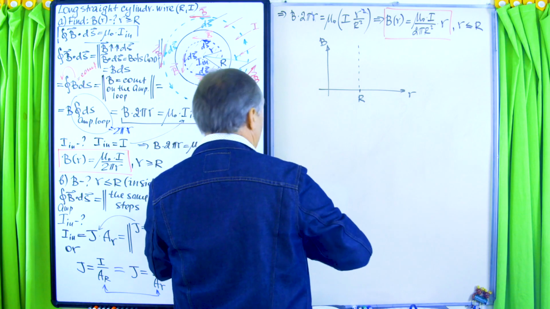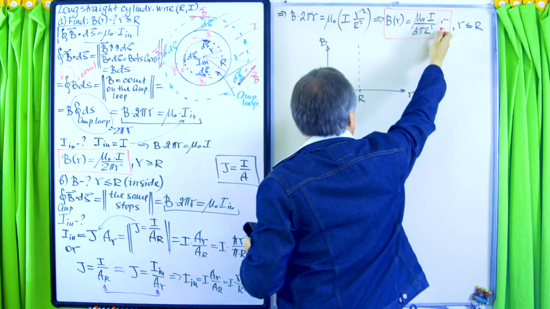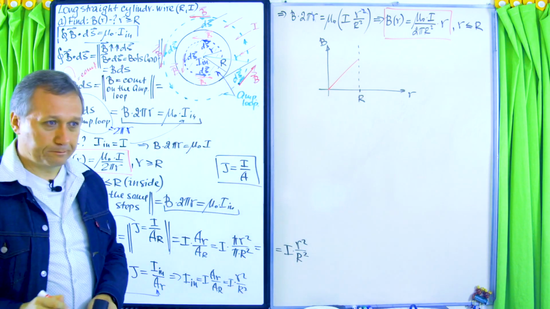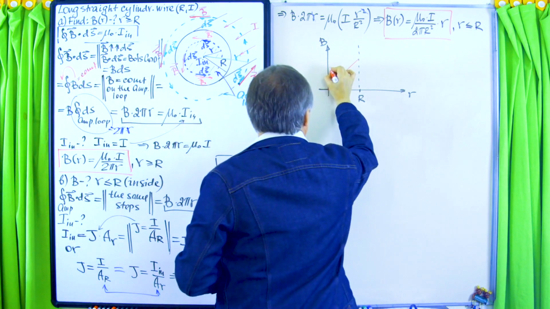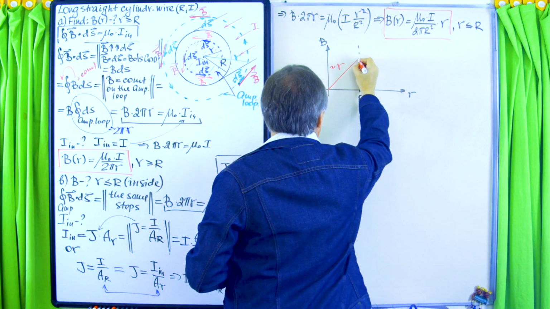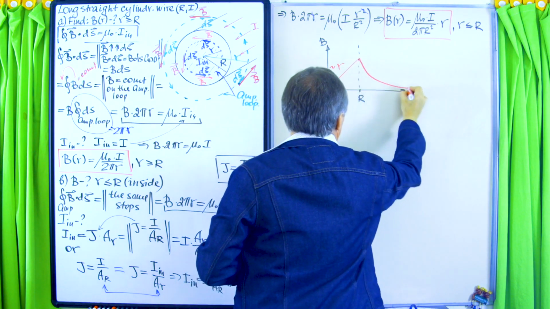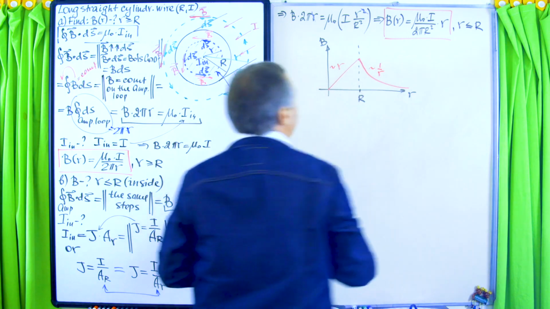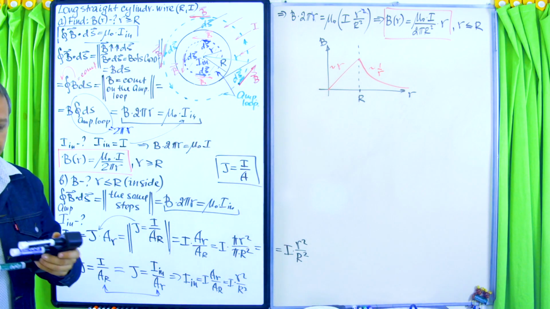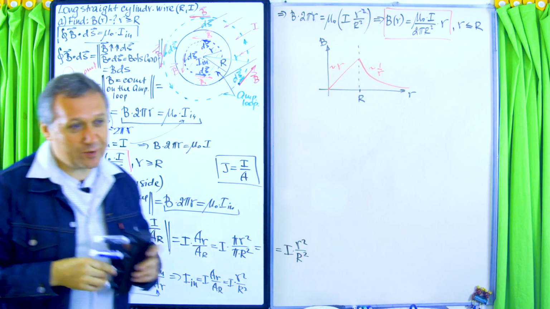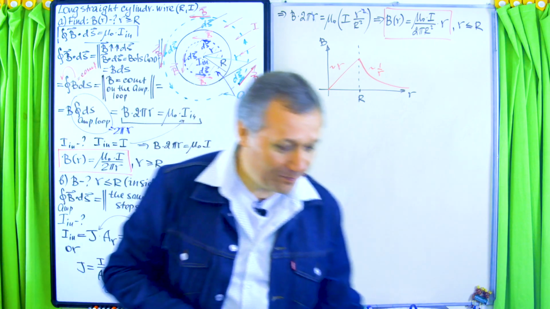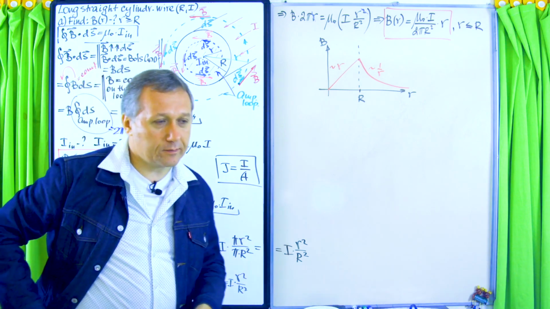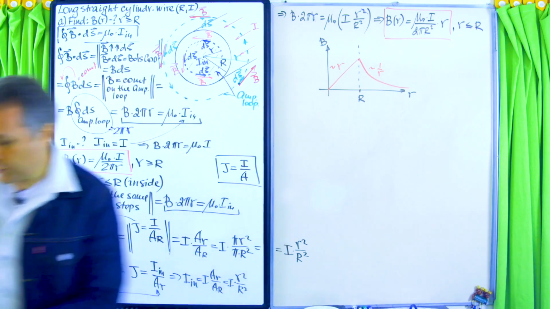And so inside, the magnetic field increases linearly, so it's proportional to r, and then it starts decaying as 1 over r, so it's proportional to 1 over r. So that's how the magnetic field changes inside and outside of the wire with r small.